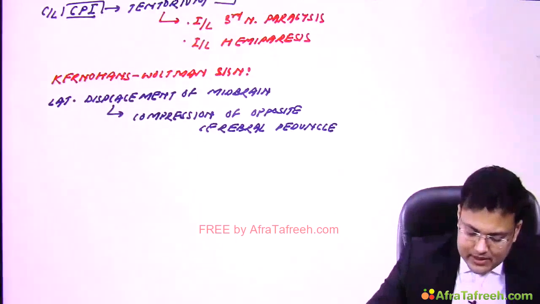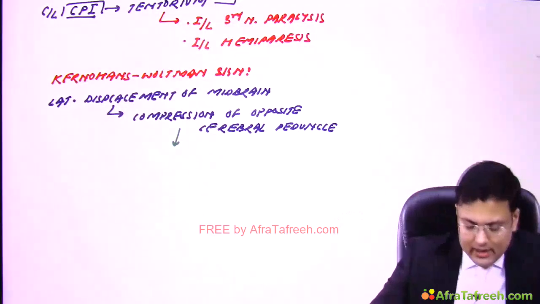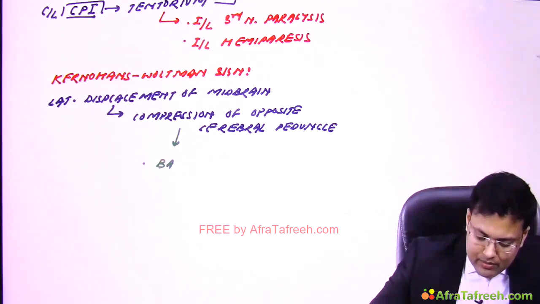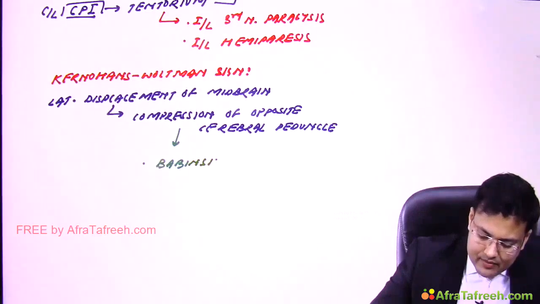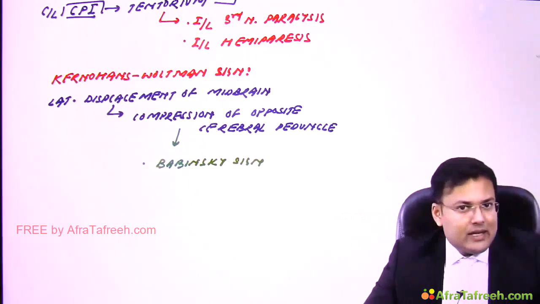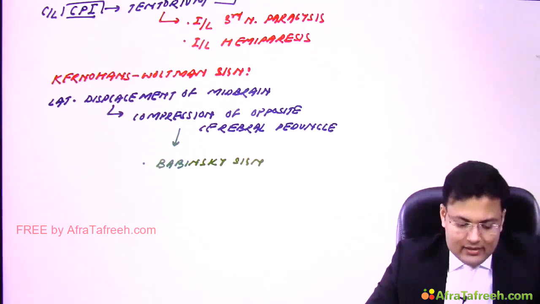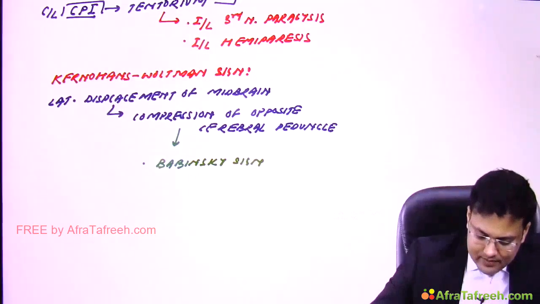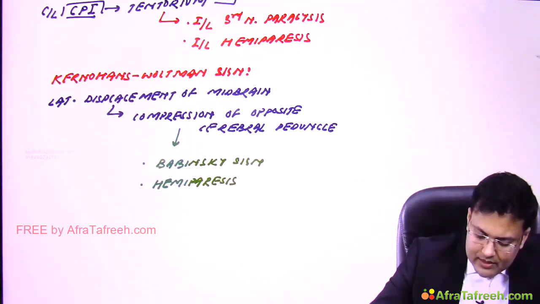So in these patients, you have to remember that there is positive Babinski sign and hemiparesis, and this hemiparesis is contralateral to the original hemiparesis. So there is hemiparesis on the opposite side, meaning contralateral to the original hemiparesis.